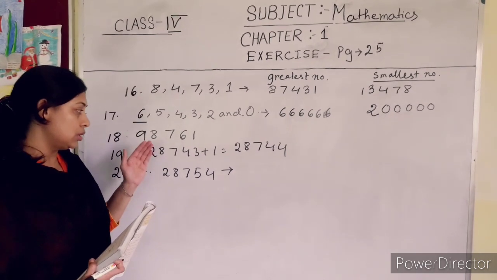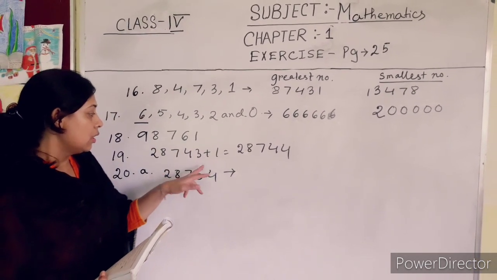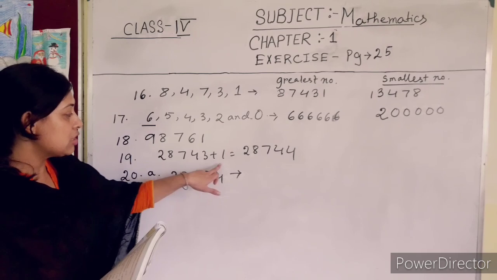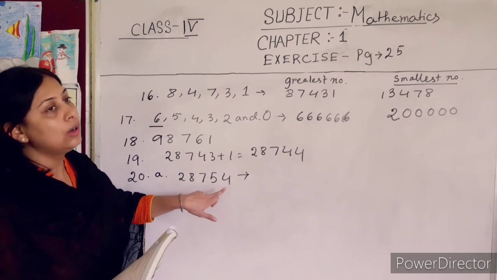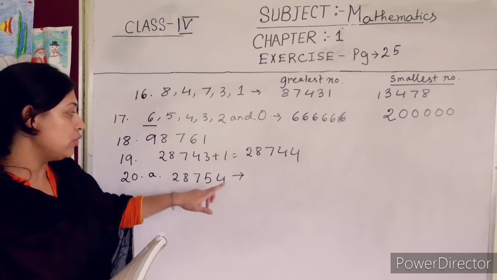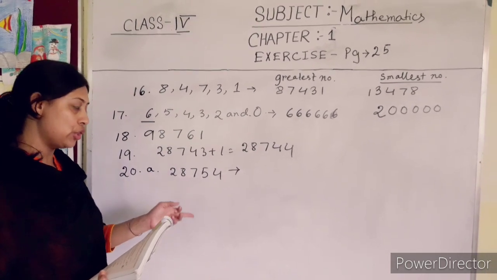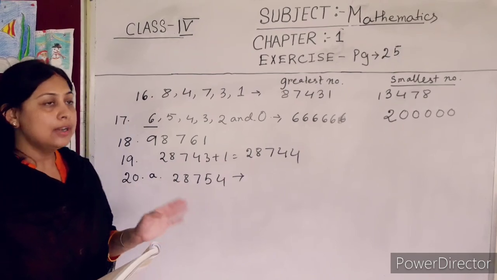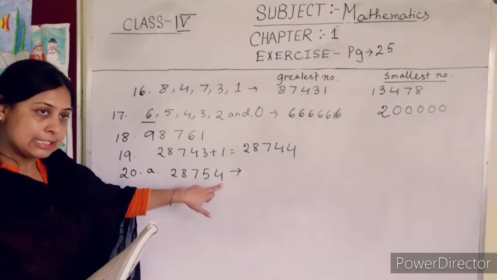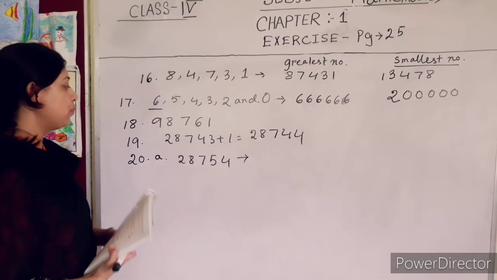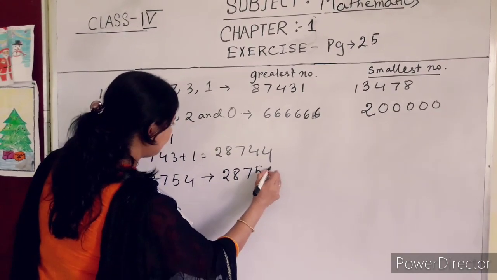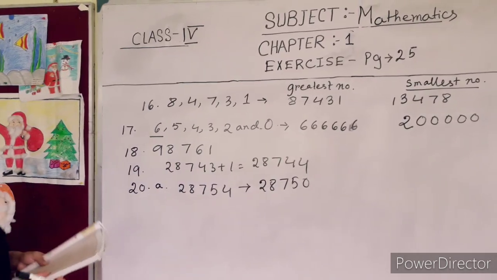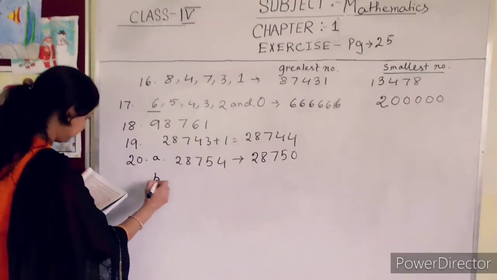First observe which digit is in the unit place. If it is 5 or more than 5, you put 0 and then add 10. But 4 is less than 5, so you just put 0. So your answer will be 28750. Clear?